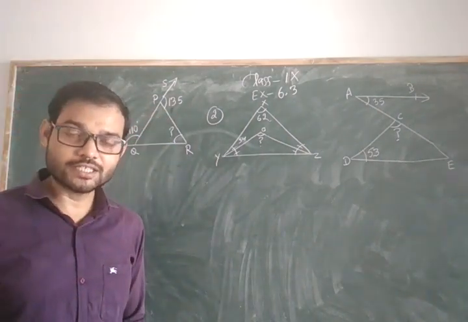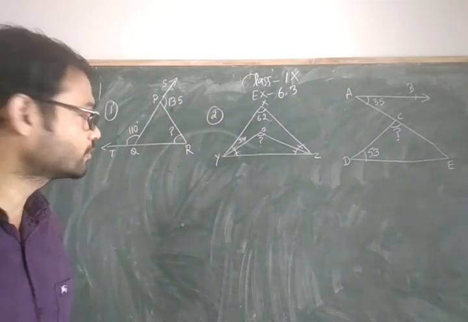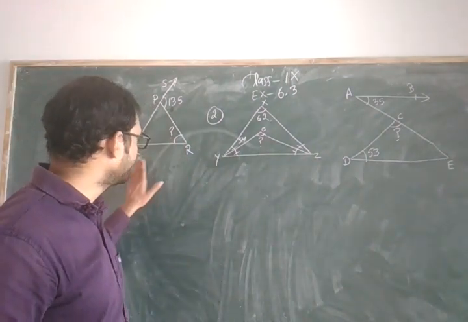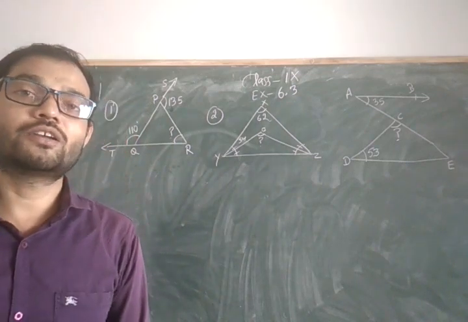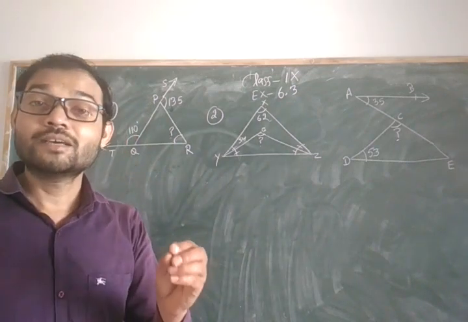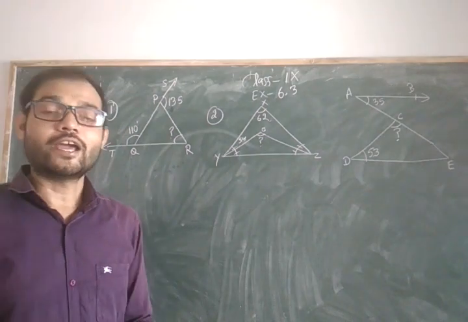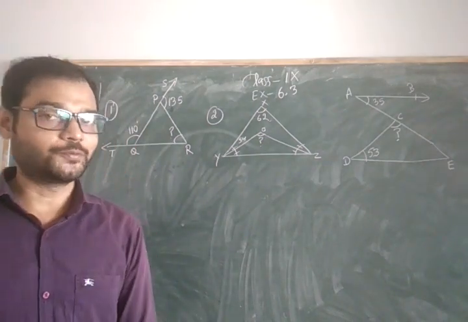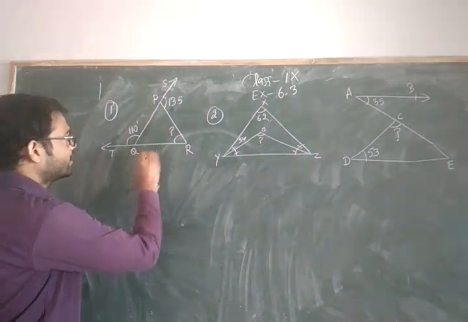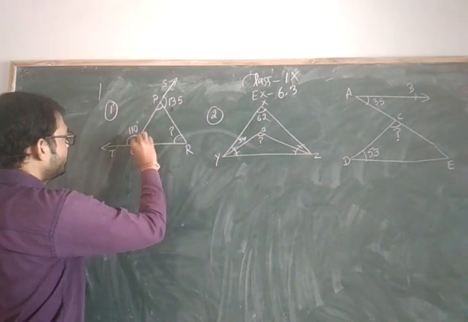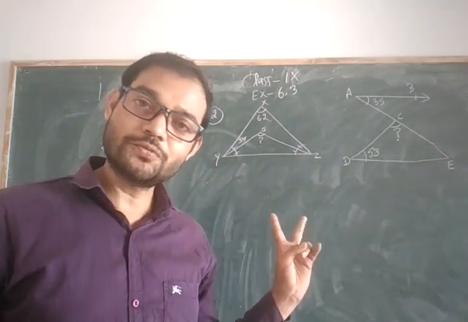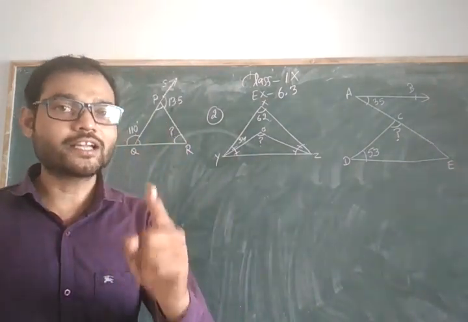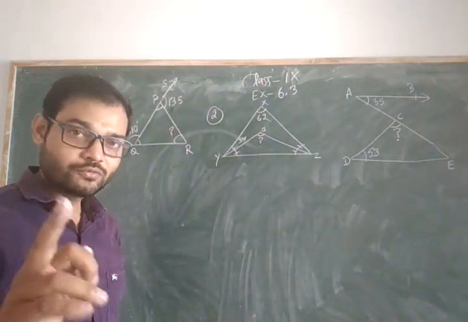And the question is that you have to find out the angle PRQ. ठीक है, आपने जो एंगल फाइंड आउट करना है, that is PRQ. And for finding PRQ, it means we have to find out these angles first. ठीक है, जो रेस्ट ऑफ टू एंगल्स हैं, those angles we have to find out first.